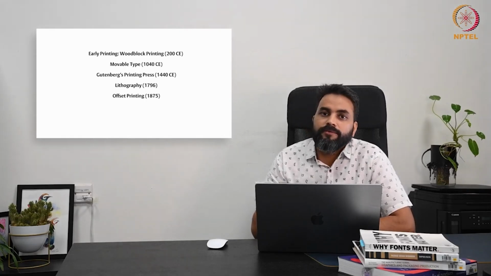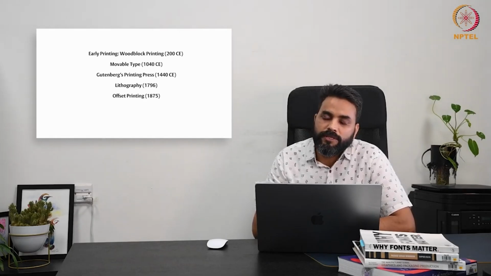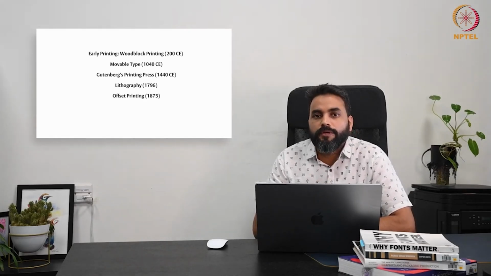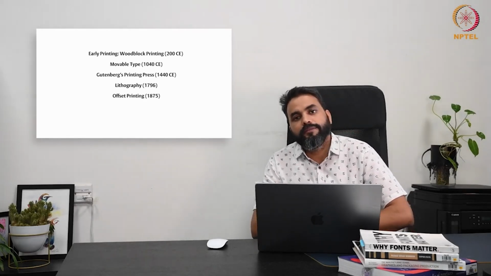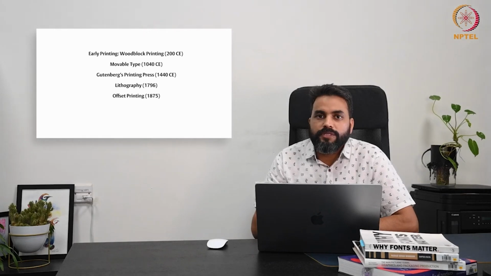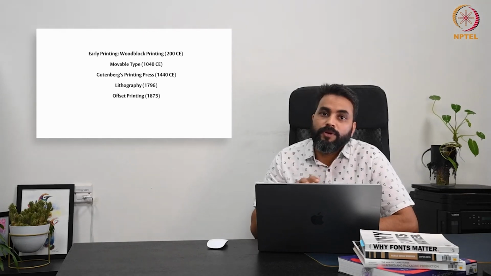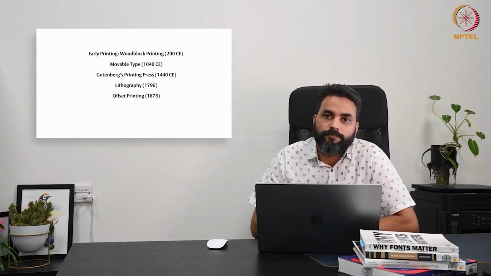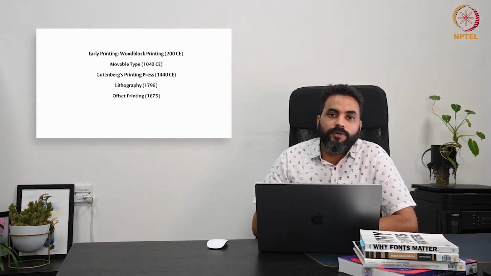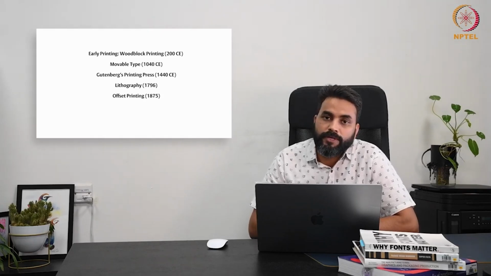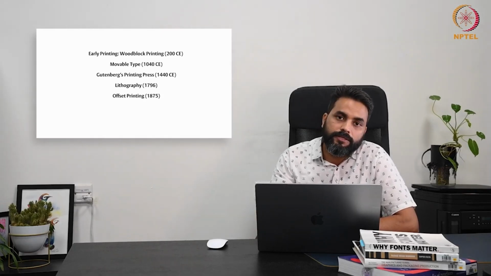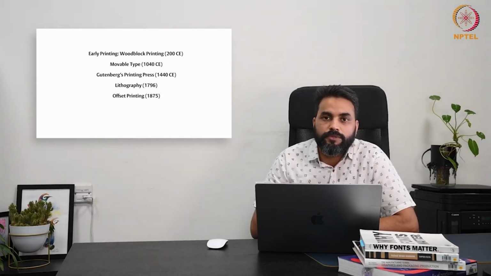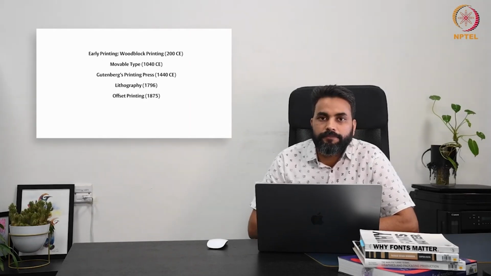Offset printing is ideal for large scale production such as newspapers, magazines, and packaging. It uses CMYK ink for full color output and allows flexibility with different materials and finishes. So we already discussed the CMYK color process, where these colors combine and mix to produce a different range of colors.